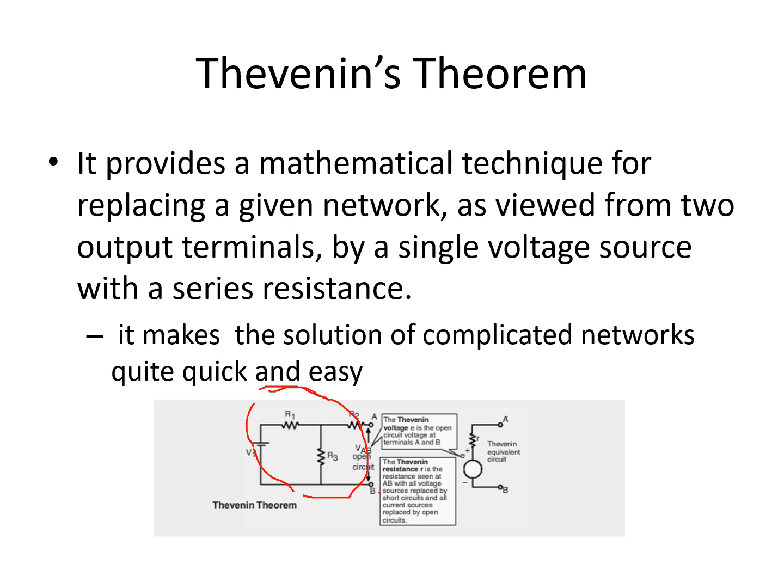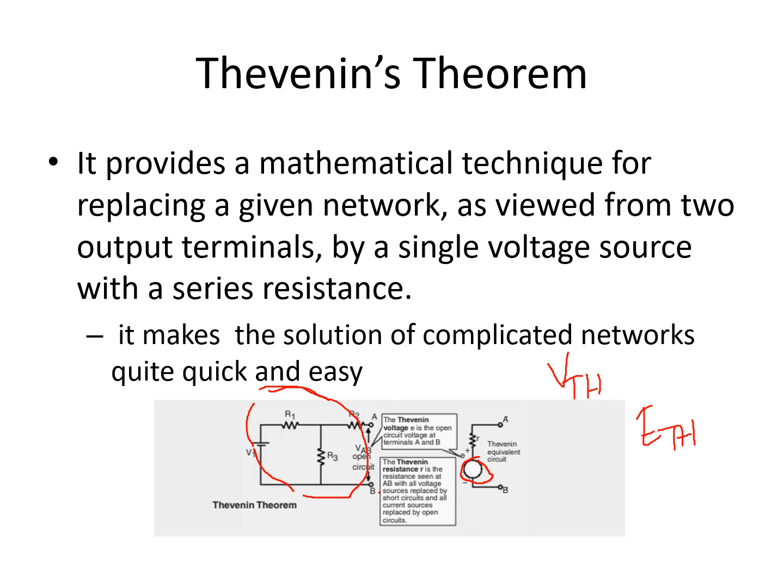Some books write that as VTH for the Thevenin's voltage, or in some other references they write that as ETH. That means we have a single voltage source, this will be your VTH, or ETH, in series with a specific resistance.